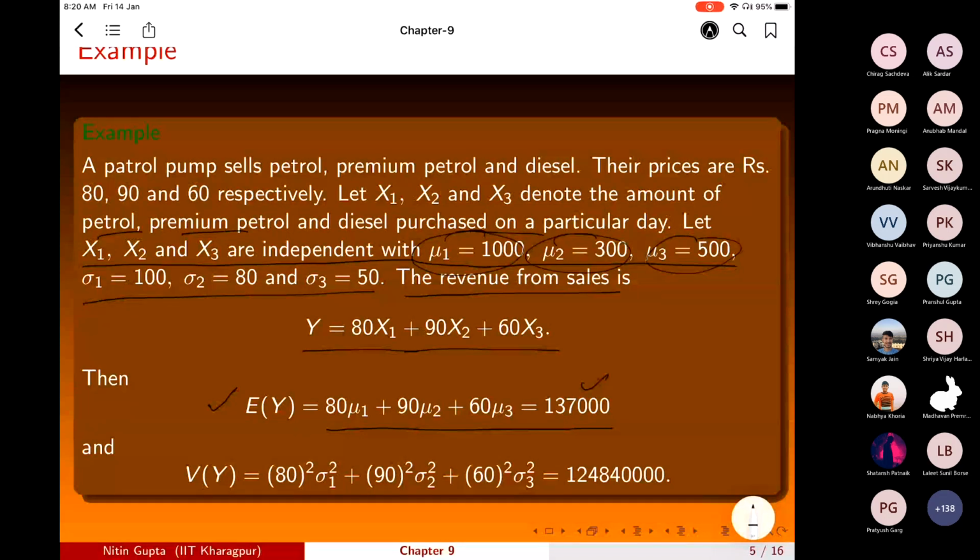And the variance of y is nothing but 80 square sigma 1 square plus 90 square sigma 2 square plus 60 square sigma 3 square. So just plug in the values of sigma 1 square, sigma 2 square, sigma 3 square, and we will get this value. Therefore, this is the answer for the variability of y.